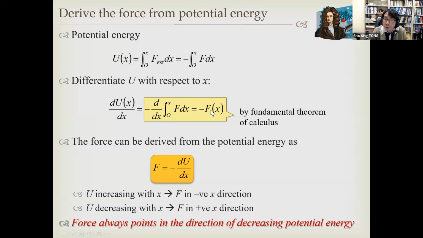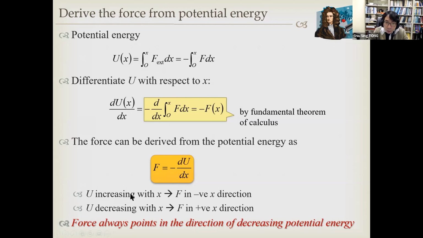And eventually you will find the function F evaluated at the position x, which is the upper limit. So now we obtain a formula. If we know the potential function U, we can take a derivative of the function with respect to x. And after adding a minus sign, we will get the conservative force F. This is how we derive the conservative force from the potential energy.